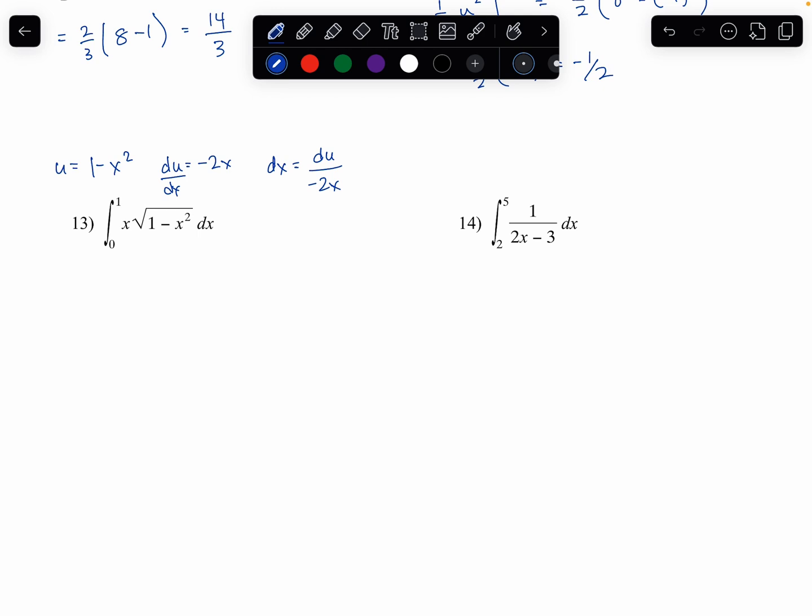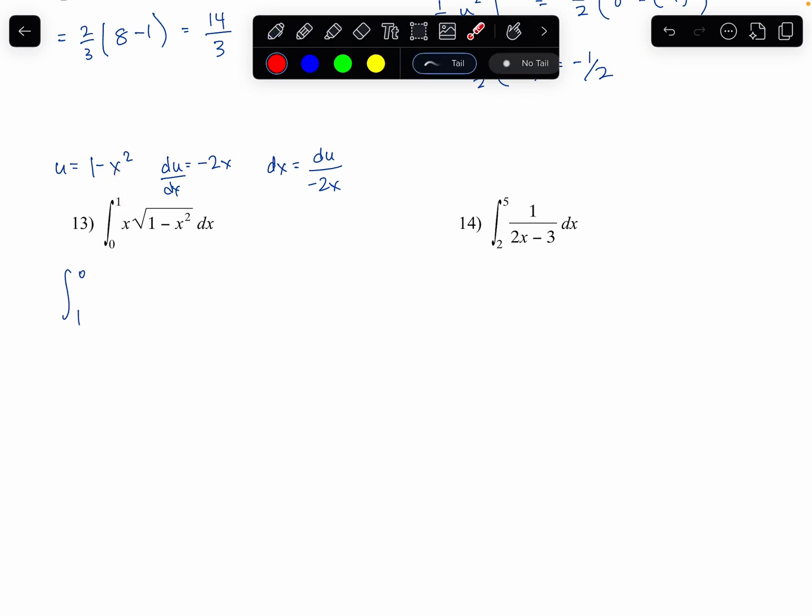And then let's replace our bounds. Let's plug in 0 first. If I plug in 0, I get 1. And if I plug in 1, that's going to be 1 minus 1, which will be 0.